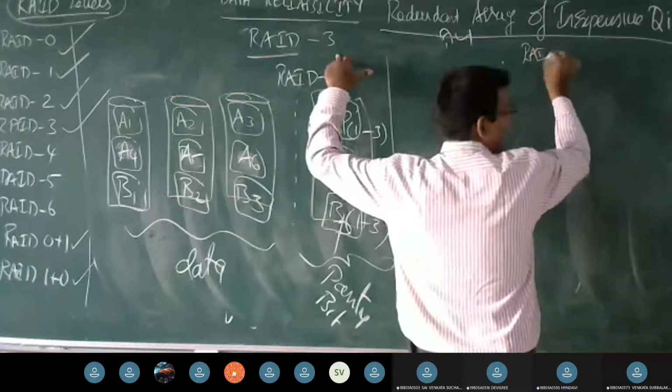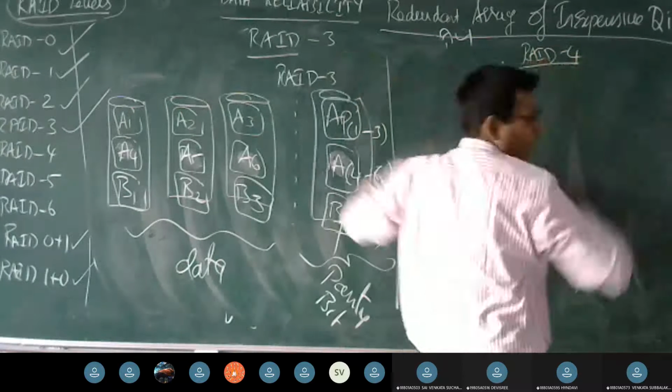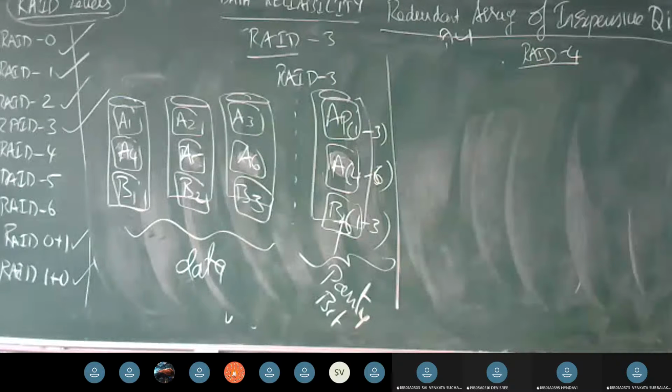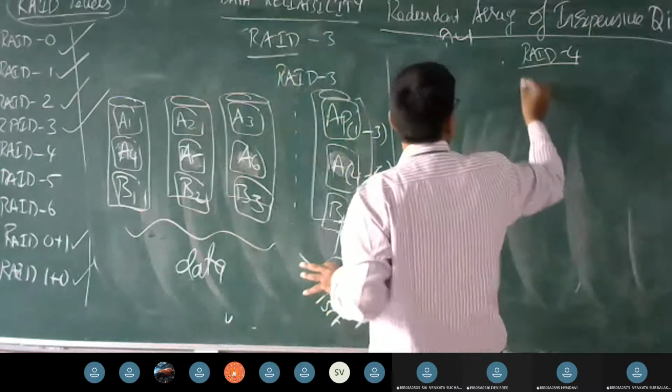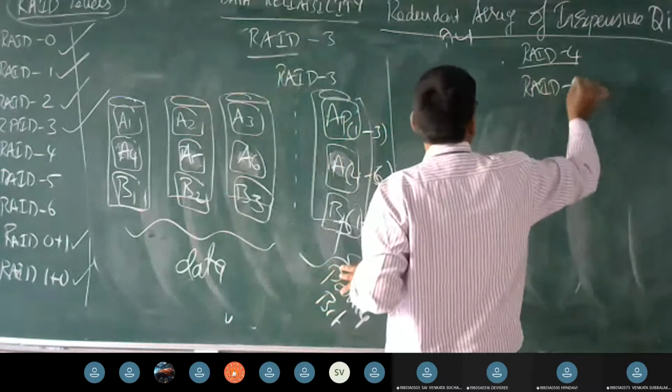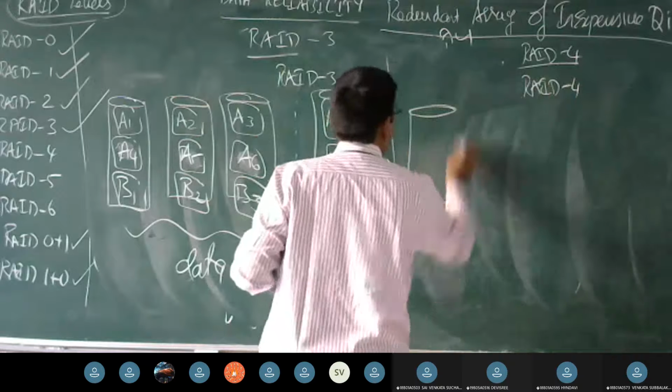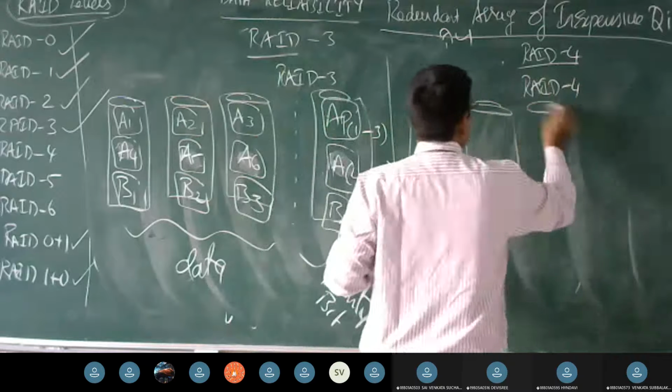Next comes the level called RAID 4. So in this RAID 4 architecture, now the content was as follows.